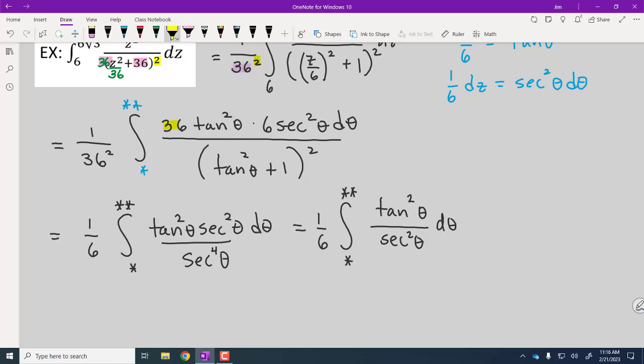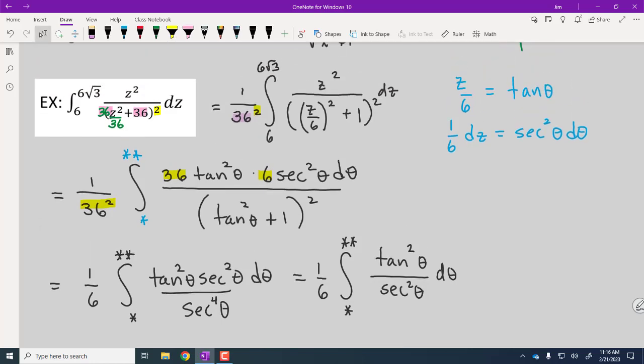So we have a 36 here, a 6 here, and a 36 squared. So the 36 takes away one of the 36s, and then we have 6 over 36. Don't you have to pull the 6 out of all of it? This is all multiplication. Oh, right. If it was addition, that would... yeah, okay, got it. When it's multiplication, it's a little bit different.